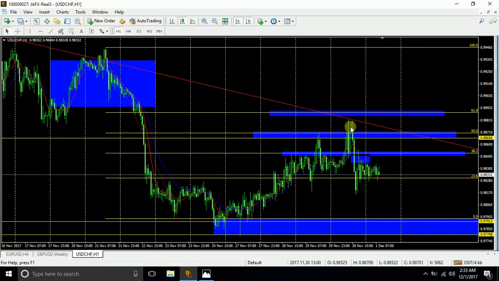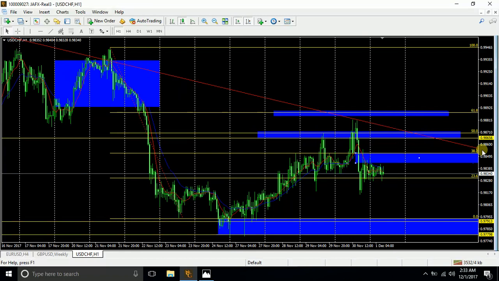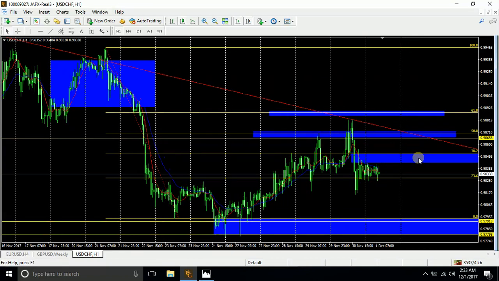So we had two confirmations. We had a rejection at the trend line, the 50 retracement for the Fibonacci, as well as a cross here. So this level here would have been your entry zone.